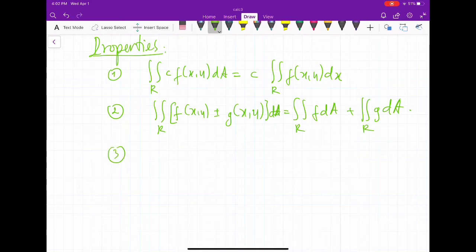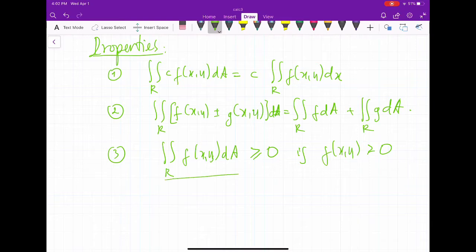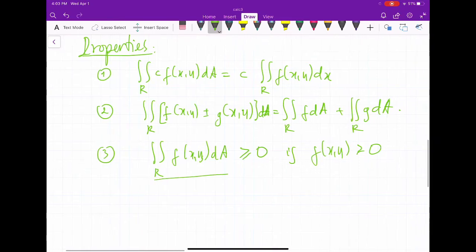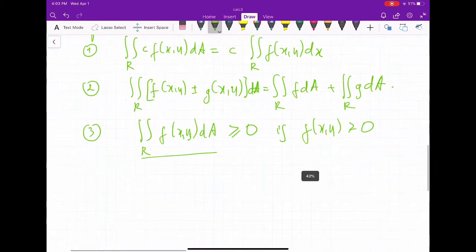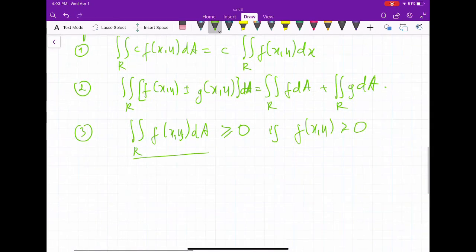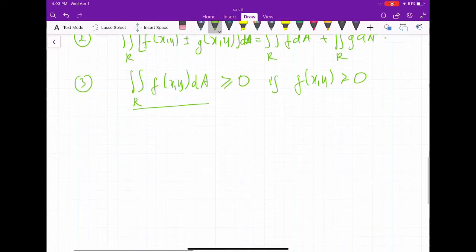The third one, the double integral of the function f of x, y dA is greater than or equal to 0 if the function is always greater than or equal to 0. Because in this case, this double integral gives you the volume of the solid region bounded by the surface of the function z equal to f of x, y, right? And volume, of course, would be greater than or equal to 0.